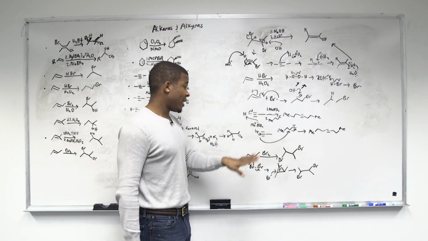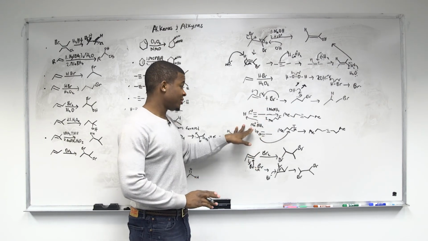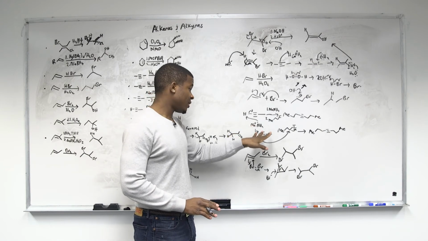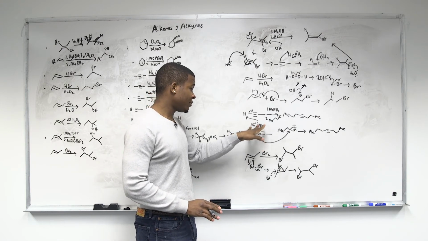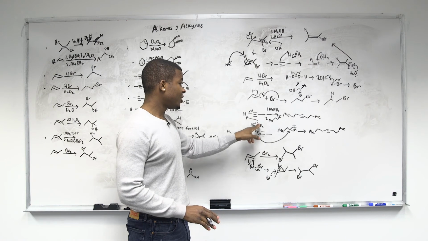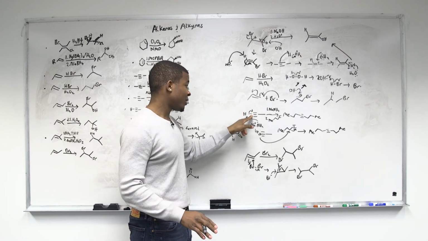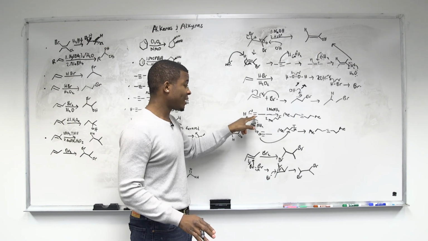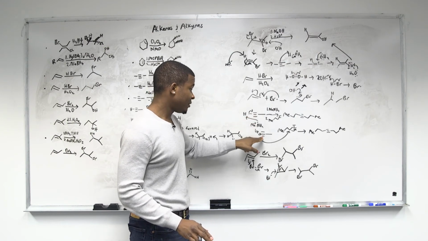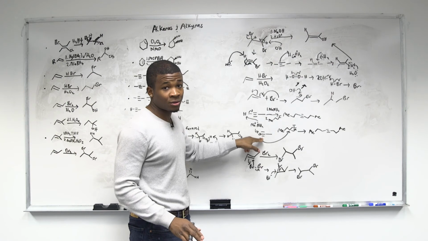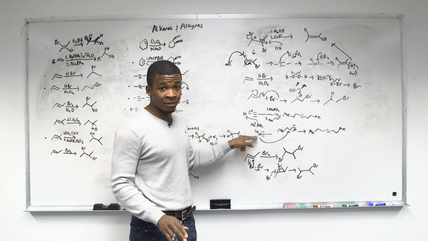As I said before, Na, one of the group 1 elements, is going to dissociate in solution, effectively producing a negative NH2. This NH2 is going to pull off this hydrogen off the terminal alkyne, rendering these electrons to go back into the carbon here, effectively creating a negative carbon and thus a great nucleophile.